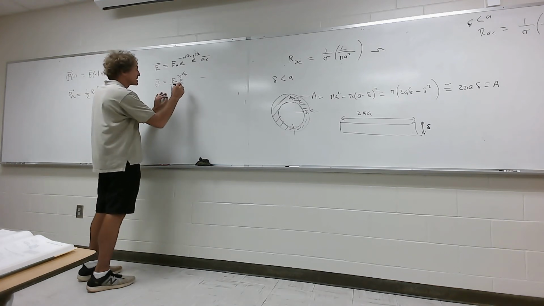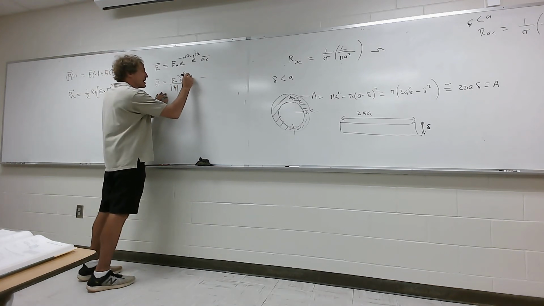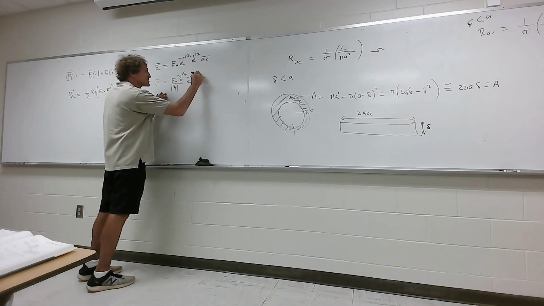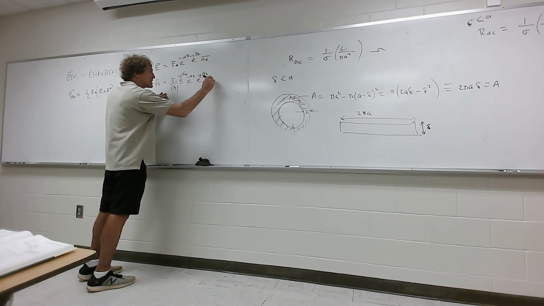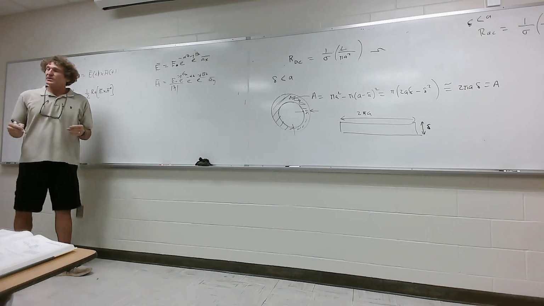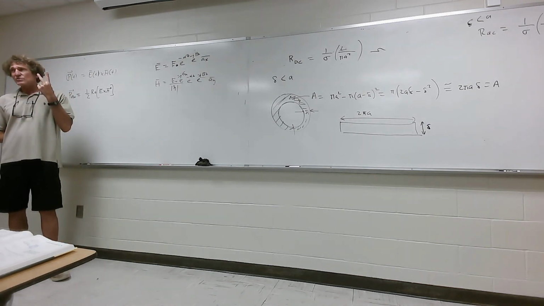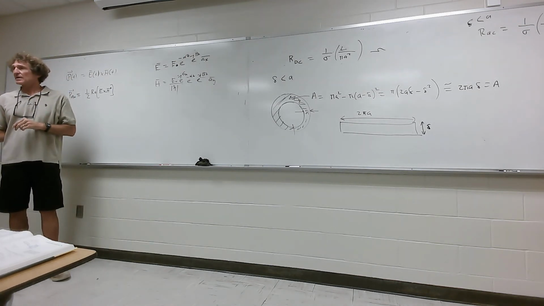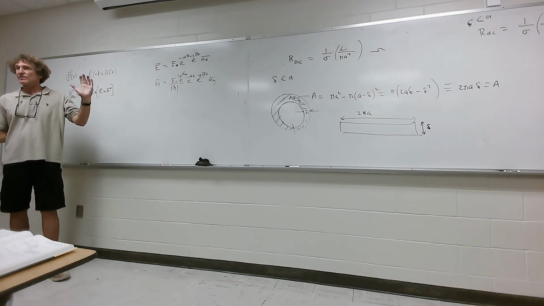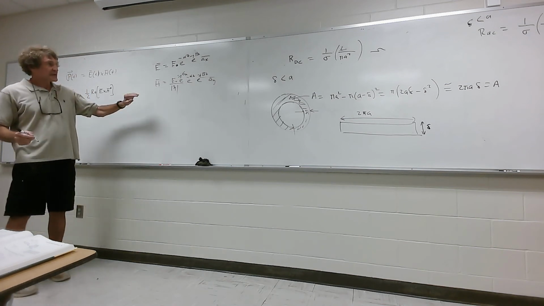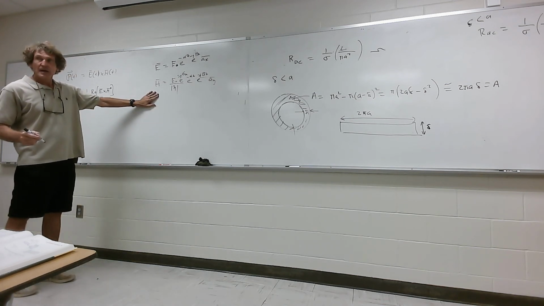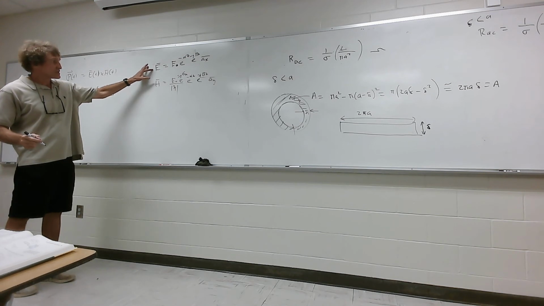All right, then it's going to be times e to the minus alpha z, e to the minus j beta z in the AY direction. You can check me on this, we've done it at least twice. This is the H field that would result from an E field propagating in the Z direction, oriented in the X. Y'all remember this?